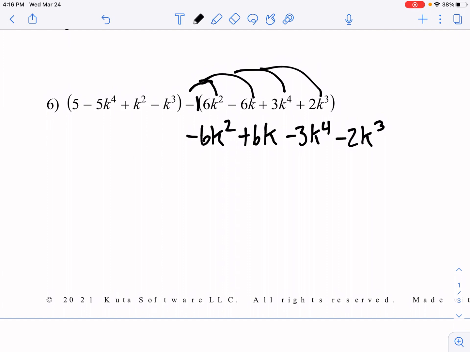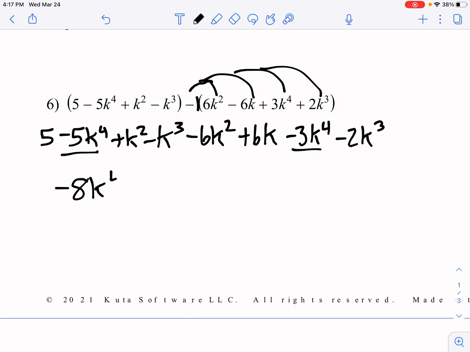And then we're going to go back and rewrite the first one just as it is. Okay, no changes, just as it is. Okay, so now we can combine like terms just like we do with addition. The highest exponent I see are the exponents of 4. So negative 5 minus 3 is a negative 8k to the 4th power. The next highest one I see are the cubes, okay?